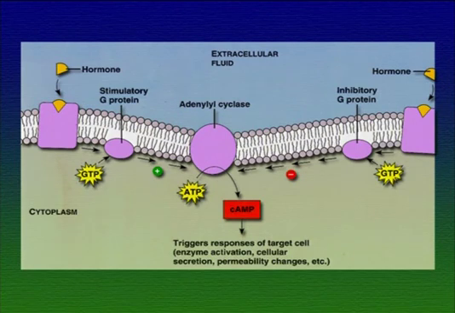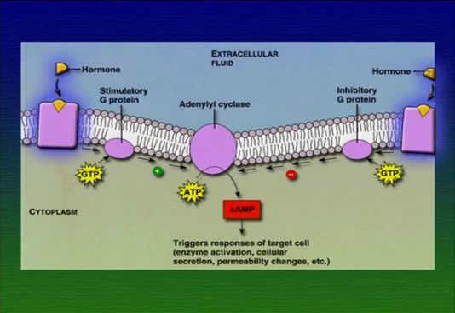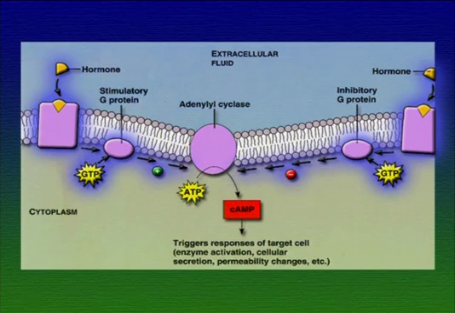To briefly review that, the hormone binds to a transmembrane receptor, that is, a protein that spans through the entire membrane, and that transmembrane receptor, once it binds the hormone, transduces what is an extracellular signal, the hormone, into an intracellular signal.